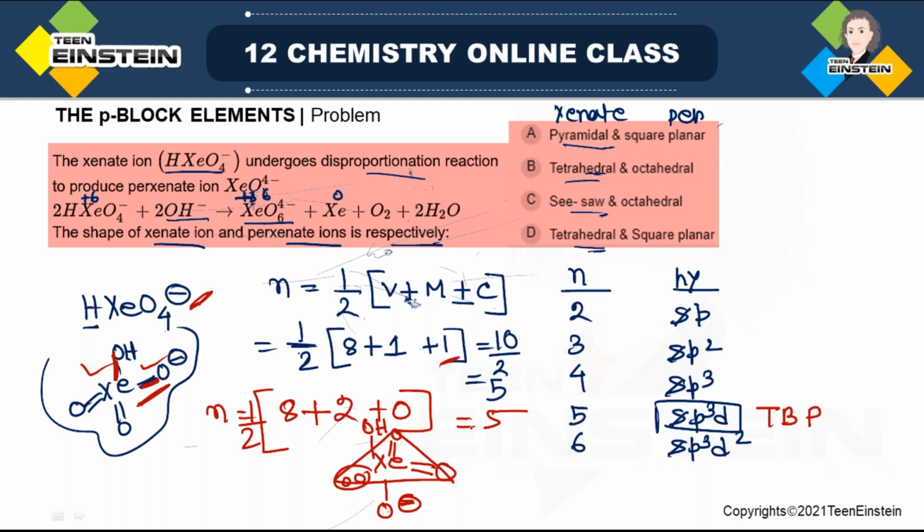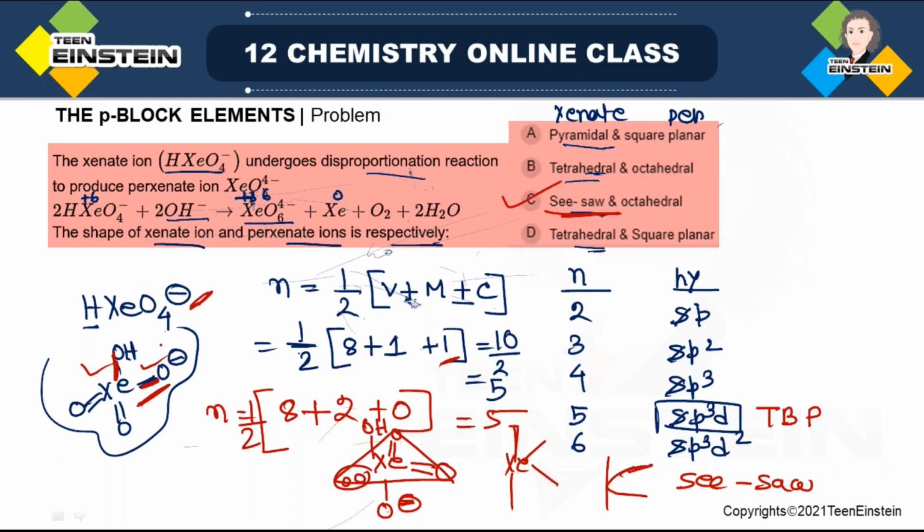So without the lone pair, if we focus on the shape, it is as if xenon is attached to 4 elements, like in this way. This shape is called seesaw. So without the lone pair, the shape here is seesaw. This is present only in option C. So even without considering the shape of perxenate, you can choose this option as the correct option.